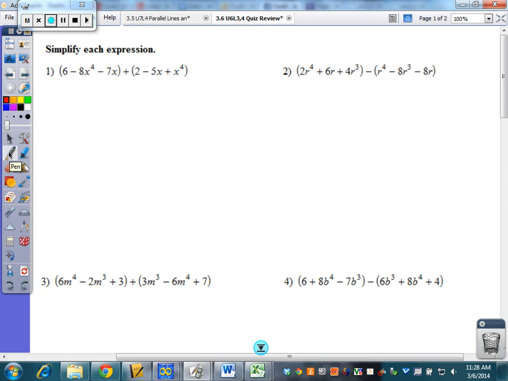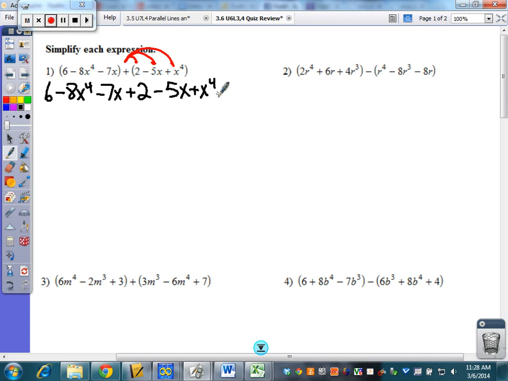We can just assume that we're distributing a positive sign to all three terms. Then we could say 6 minus 8x to the fourth minus 7x. And then positive times positive, so nothing changes on this trinomial when we add it: 2 minus 5x plus x to the fourth.